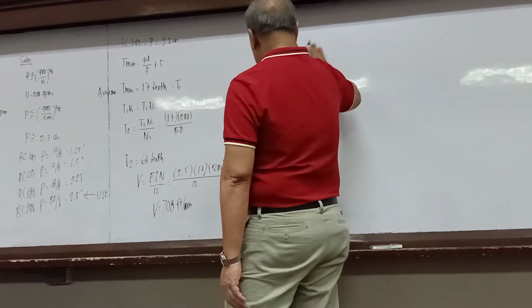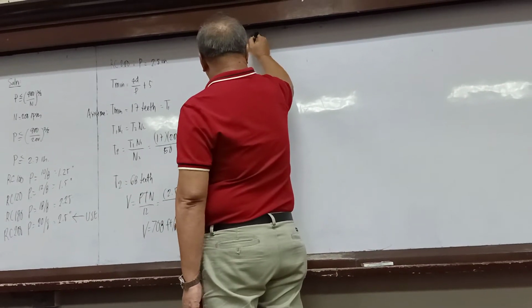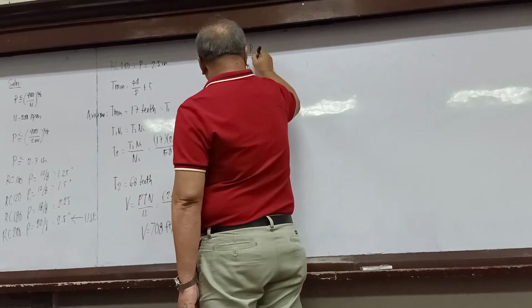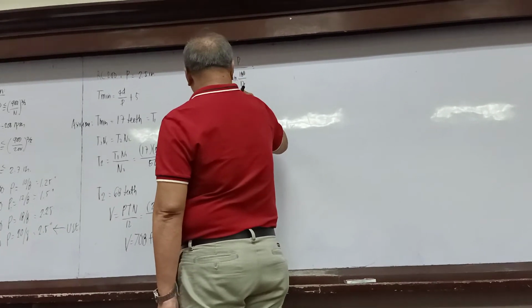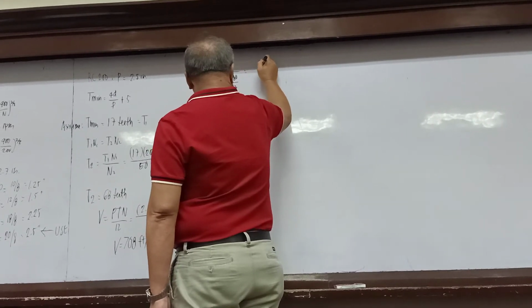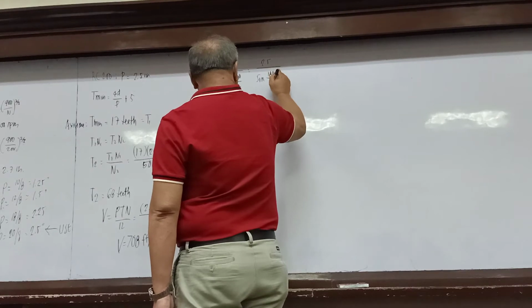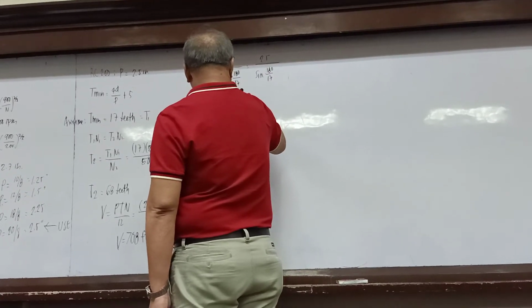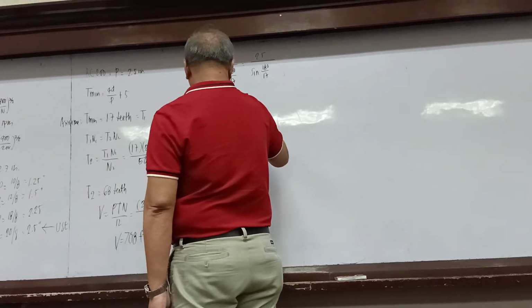So, hanapin din natin muna yung diameter natin. So, D1, using the equation, will be the pitch all over sine 180 over 17. The other diameter will be given by the pitch. Okay? So, yung pitch natin, 2.5 all over sine 180 over 68.